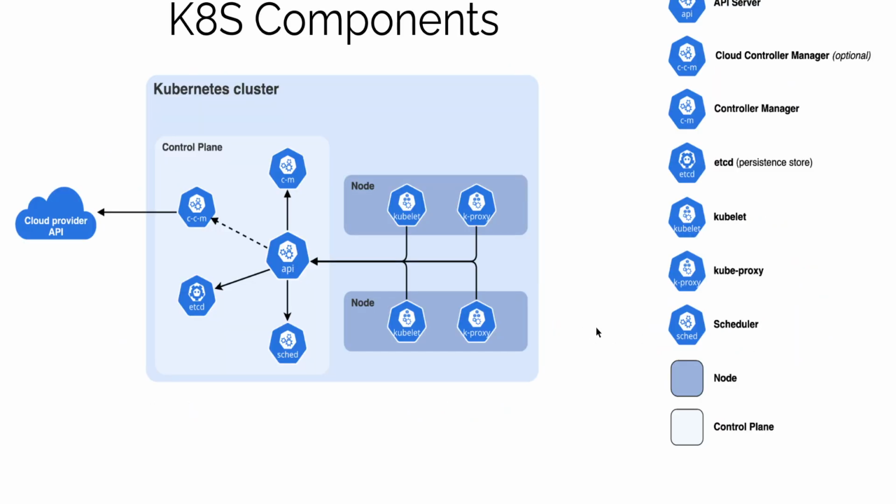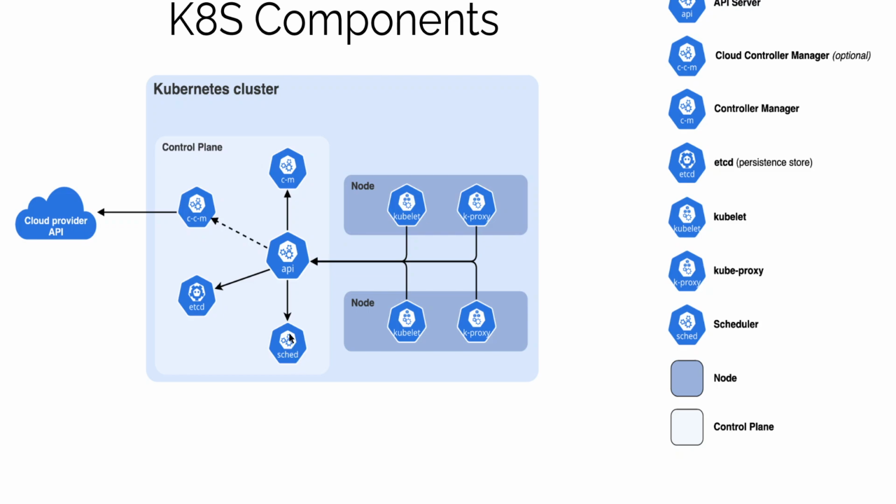So Kubernetes has these components. So we have one cluster, and inside the cluster we have a control panel and nodes. So usually there is one control panel and various nodes. So inside the control panel we have control manager, and then an API which acts as a bridge between your nodes and other various components inside the control panel, which are control manager, cloud control manager, etcd, and a scheduler.